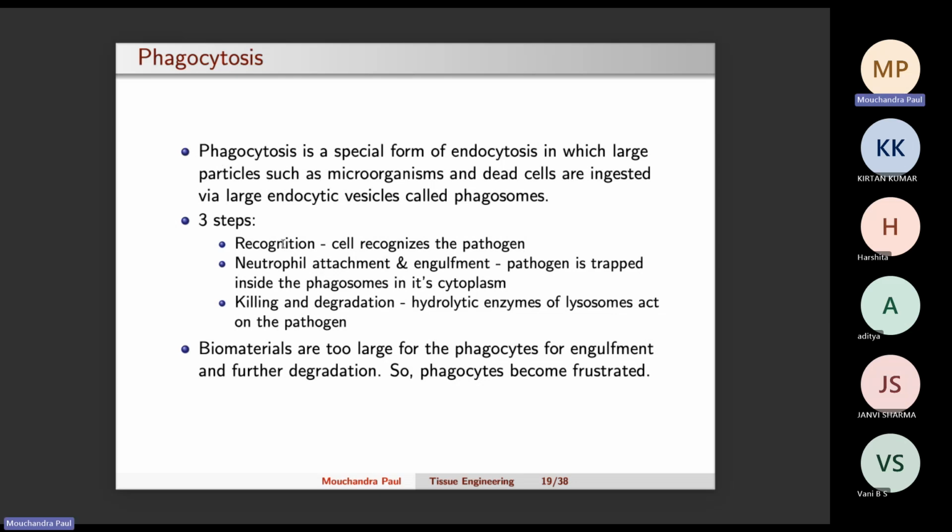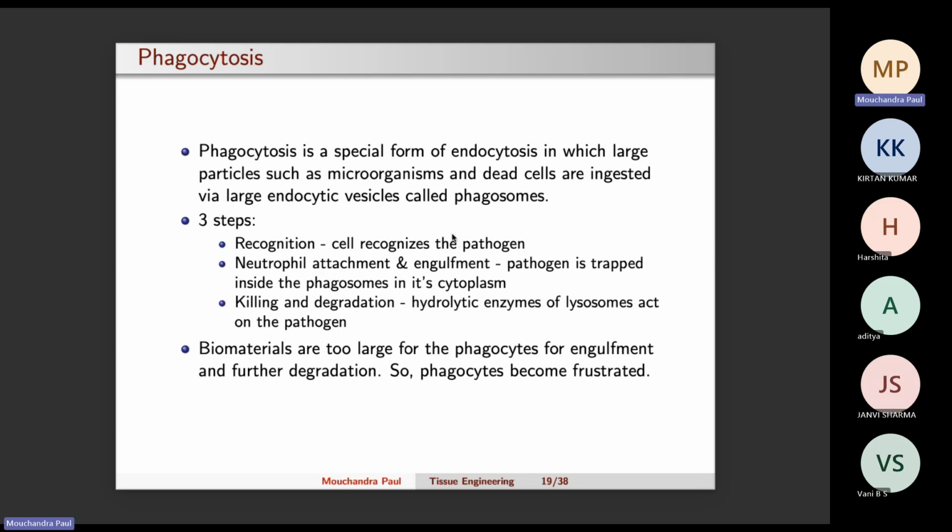So there are three steps to phagocytosis. First, the phagocytic cell has to recognize that it is a pathogen. The first recognition step should be there. But note, it is not specific. Recognition doesn't happen in a specific manner.